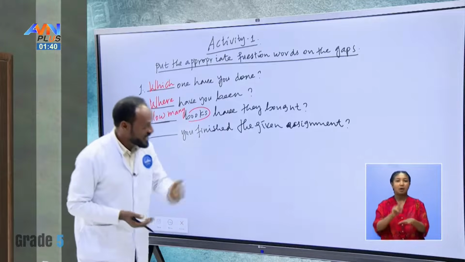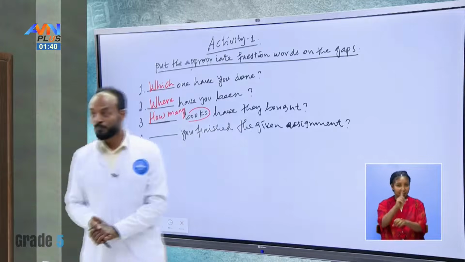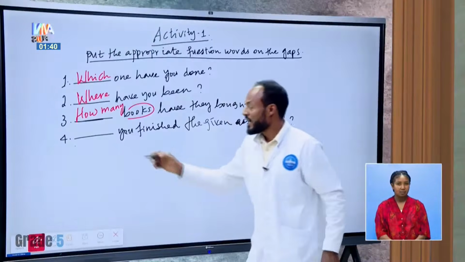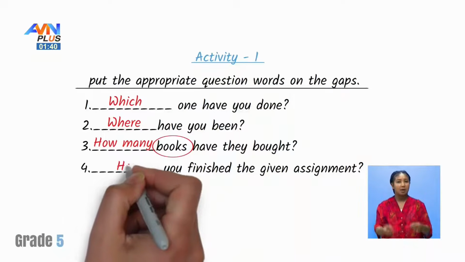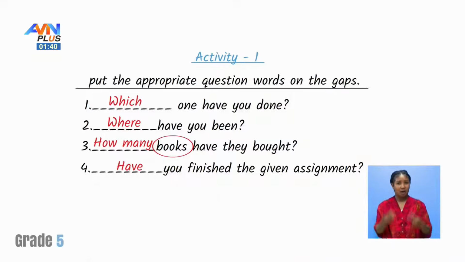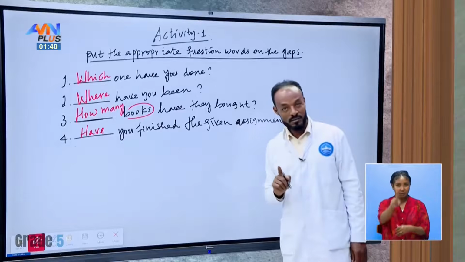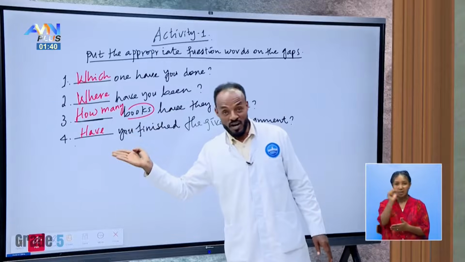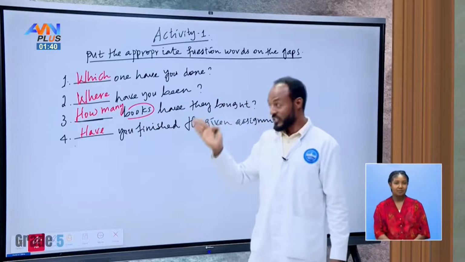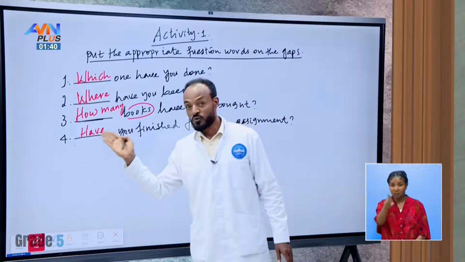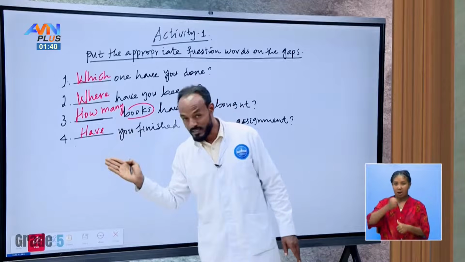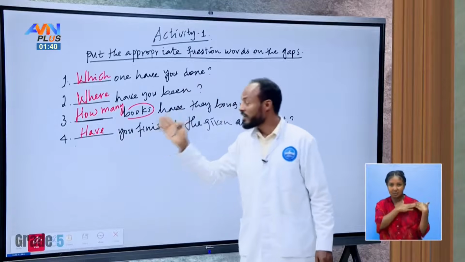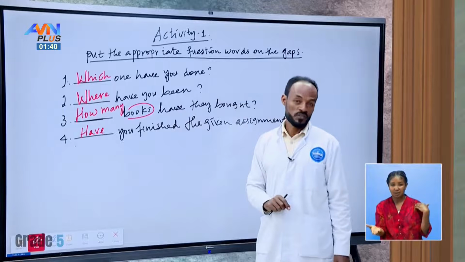Blank, you finished the given assignment. Have you finished the given assignment? It can be used in such kinds of ways because this one is a yes or no question. In a yes or no question, we have to start from have or has, then the subject and verb 3.